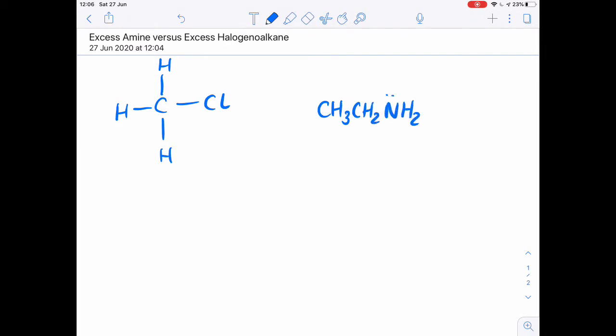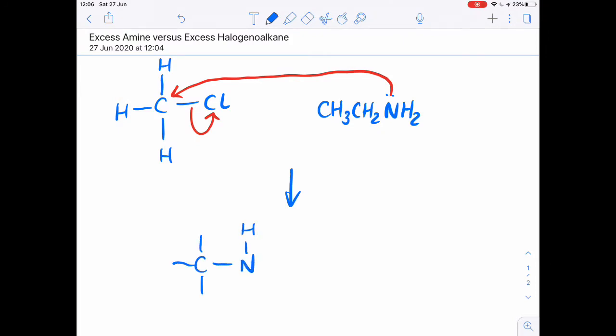what products we'll get. Now we know that these two react because amines are nucleophiles, and so this can attack the carbon and substitute for the chlorine. And in a series of steps, at first the nitrogen will become positively charged because you've added it to the alkyl chain and you've lost your chlorine.